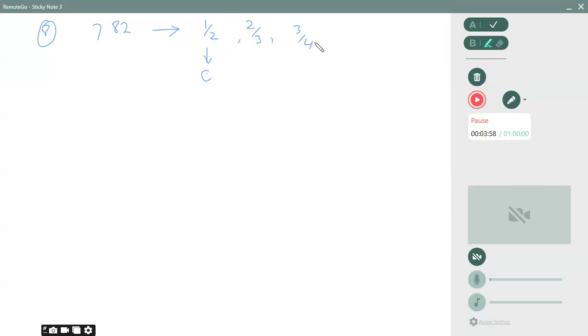So what are we supposed to do? You can choose to first add them. You can write them as ratios: 1 to 2, 1 to 2 over 3, then to 3 over 4.